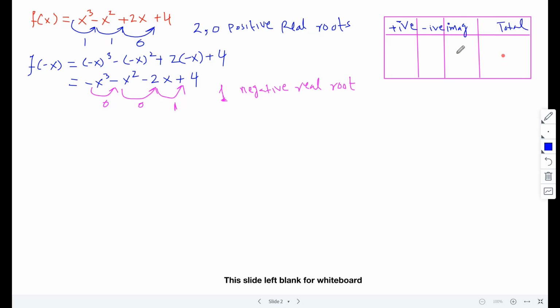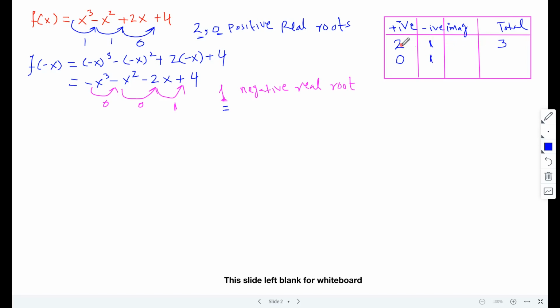From the highest power, which is 3, the total roots will be 3. Positive real roots are 2 or 0, and negative is 1. So the possible combinations are 2 positive with 1 negative, and 0 positive with 1 negative.